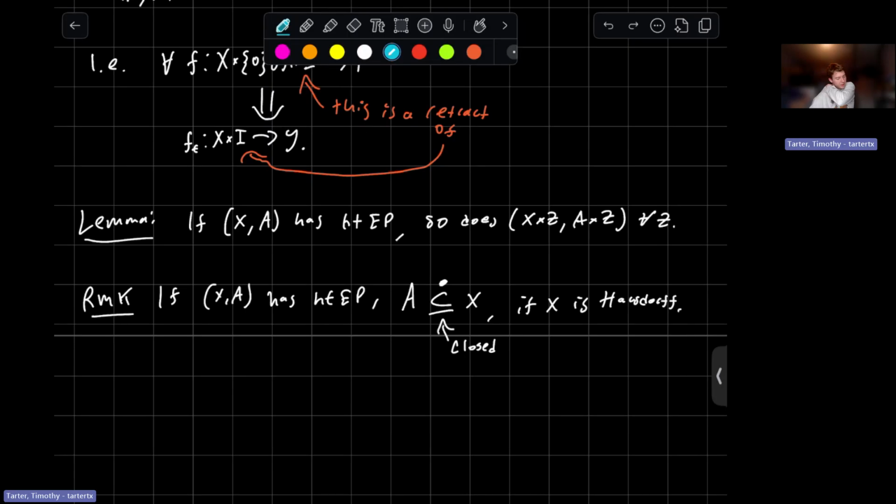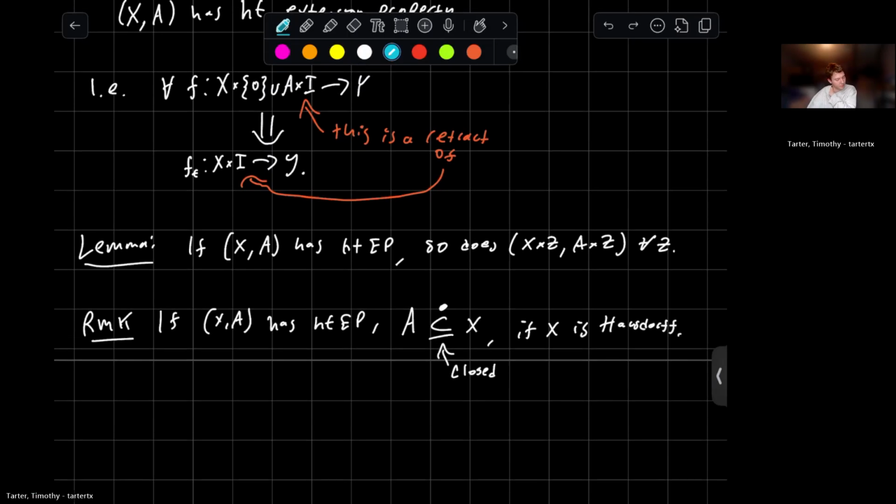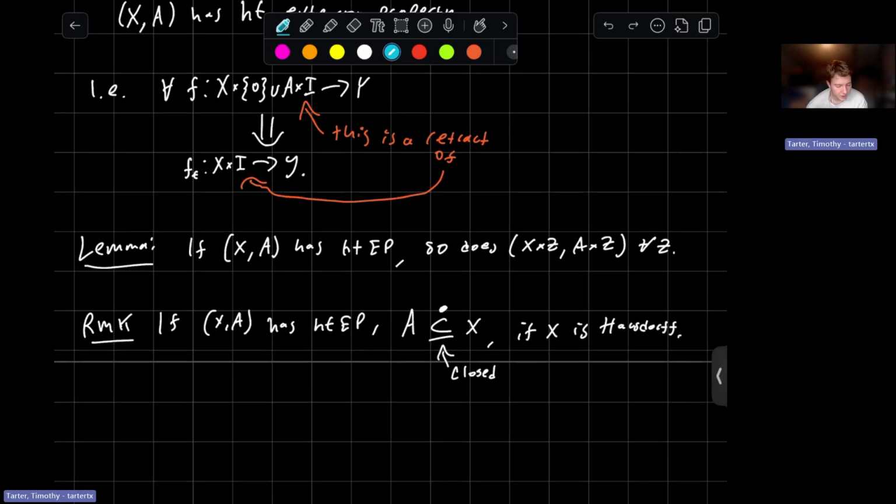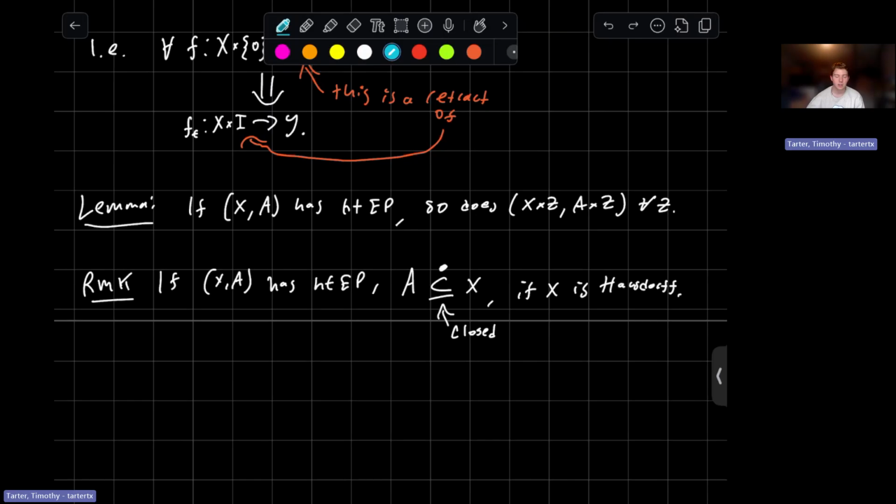It is not hard to show that there is no continuous retraction of I cross I onto I cross 0 union A cross I. The breakdown of homotopy extension here can be attributed to the bad structure of A near 0. With nicer local structure, the homotopy extension property does hold, as the next example shows.